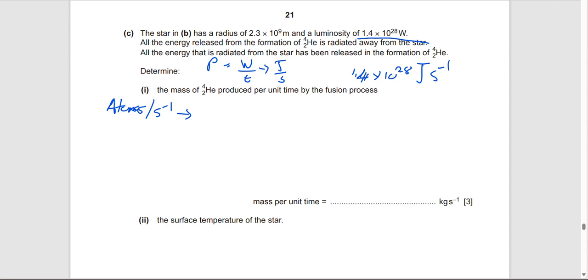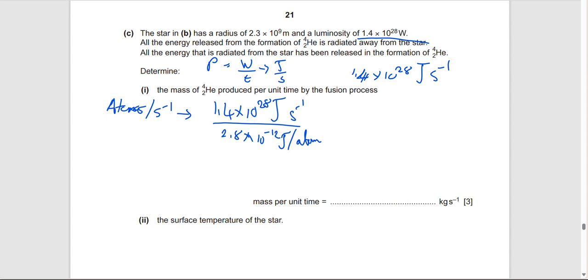So we can use that, and the number per second is going to be 1.4 × 10^28 joules per second divided by 2.8 × 10^-12 joules per atom or per nucleus, whatever.